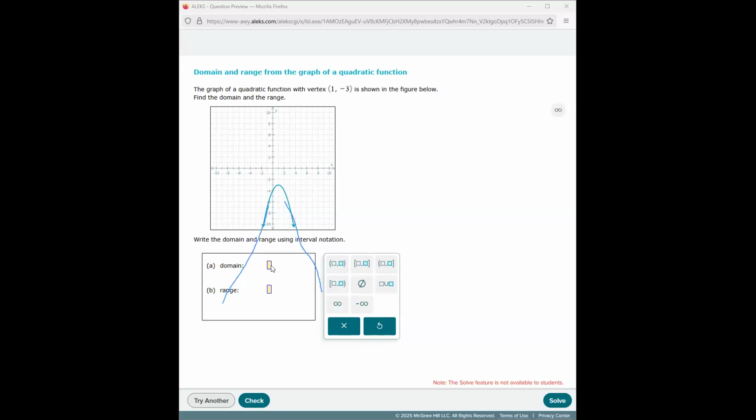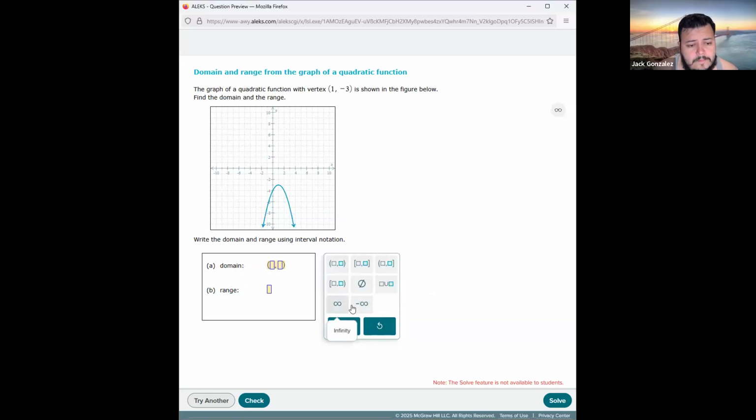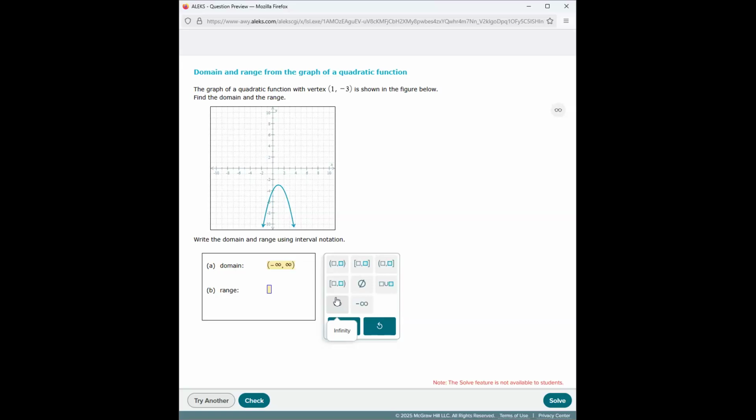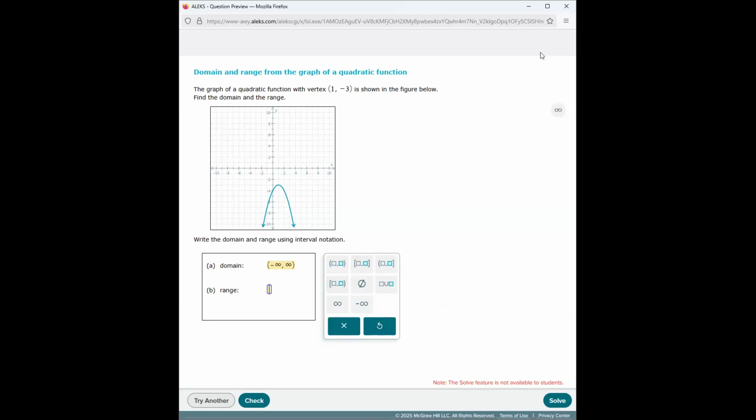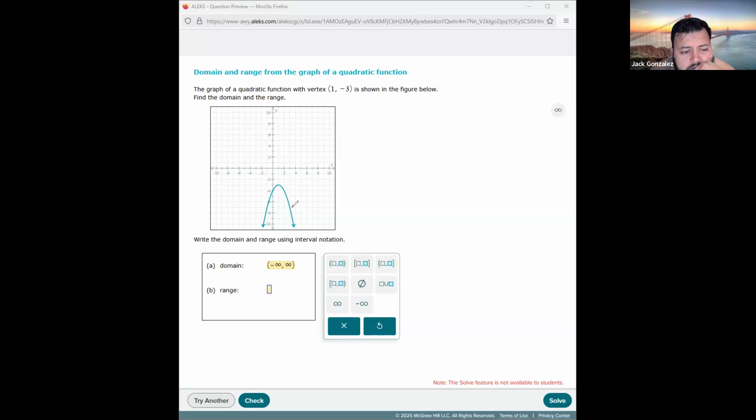Am I right? Yeah. So negative to positive. So it just keeps going both directions. So it covers everything eventually. Does that make sense? It's touching all the x's eventually. The range, you just go up and down.